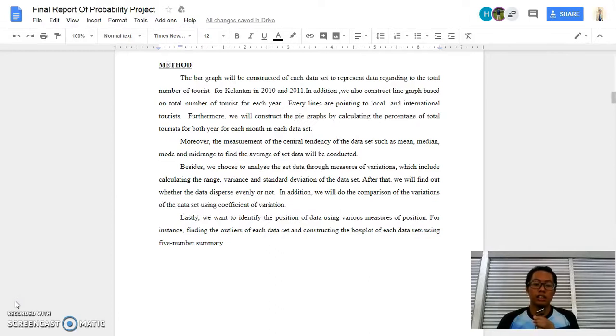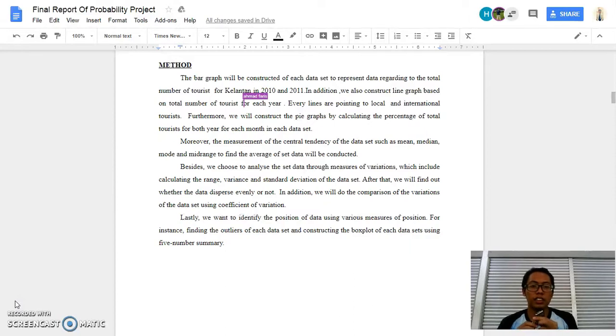So, we chose a few methods to analyze our data. The methods we use are line graph, bar graph, pie chart, and box plot. We conducted research about tourists in Kelantan in 2010 and 2011.